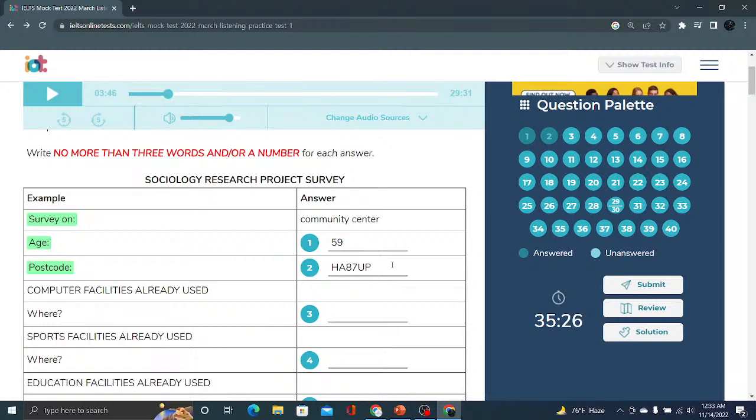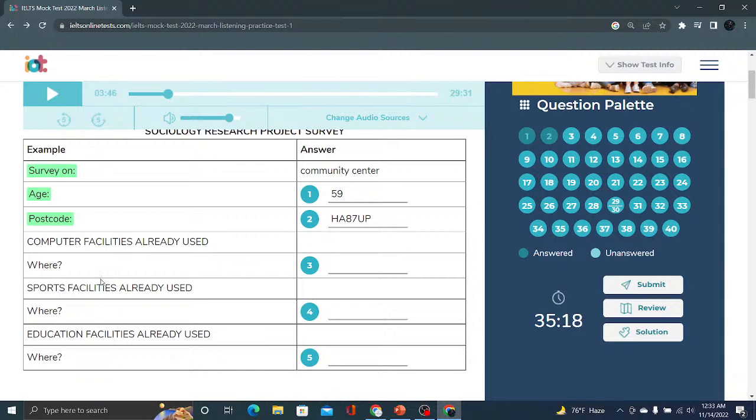I hope you got the answer. So it's his postcode. Now we are going to listen for question number 3. Okay, this is the keyword for question number 3. Computer facilities.